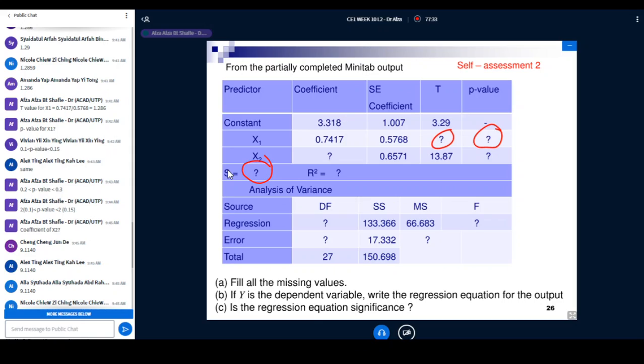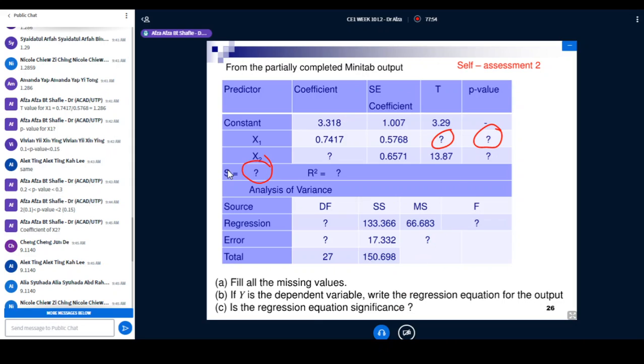This is the value of the standard error. Yes, you should get 0.832, not 0.8165. It's actually the square root of the SS. It's actually the square root of this value.